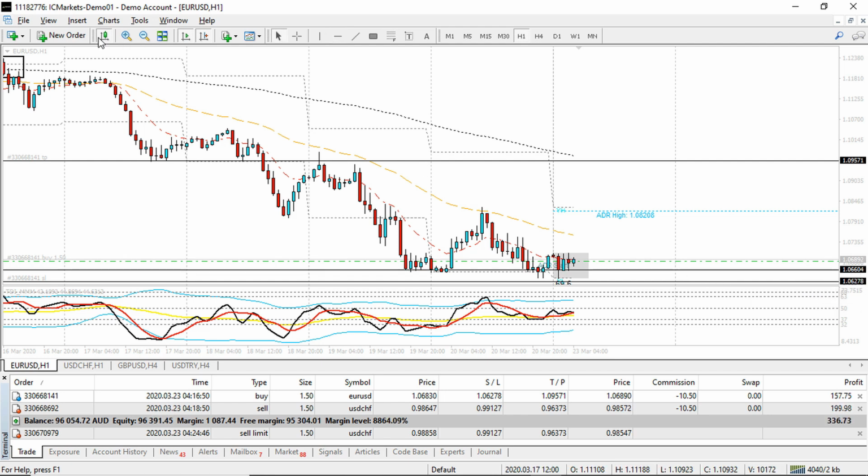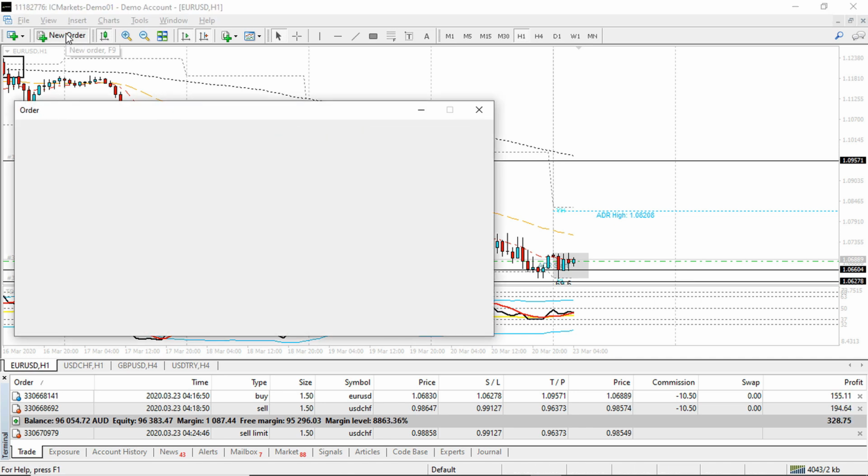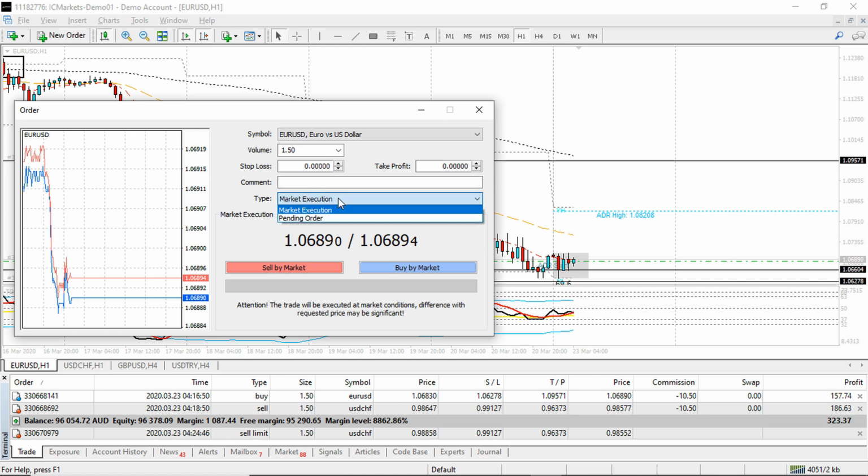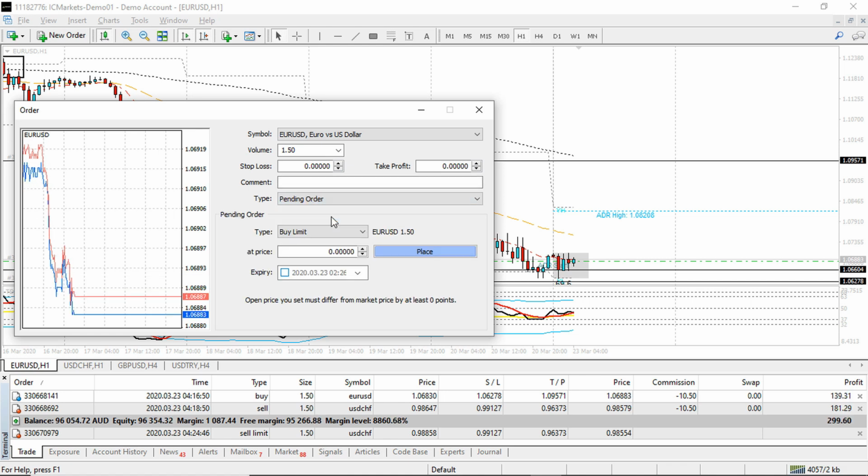1.06604. So what you do is you click on new order, you select market execution, change that to pending order, and then we fill in our entry price at 1.06604.